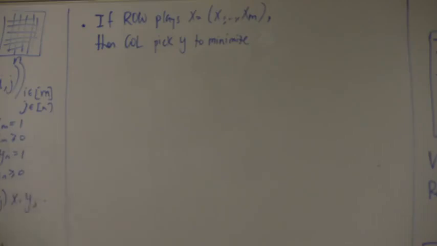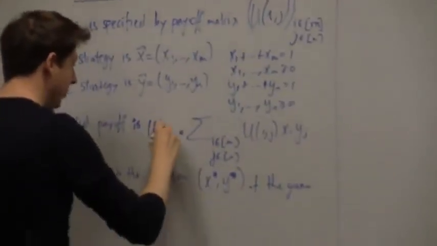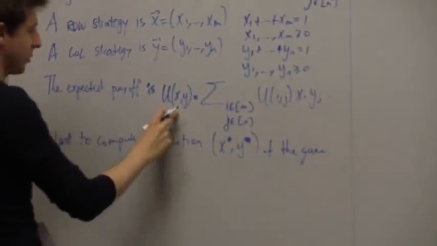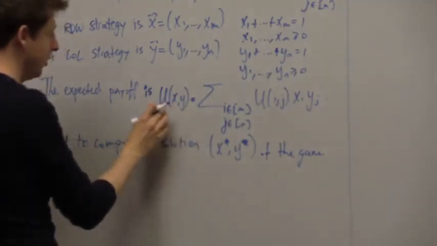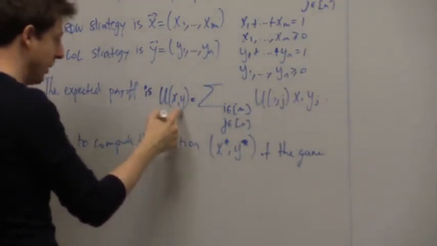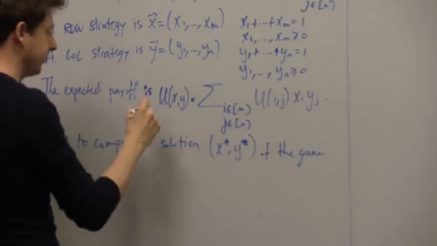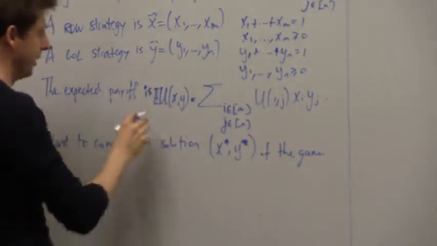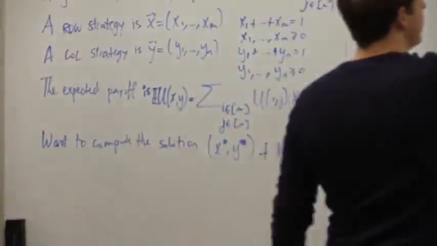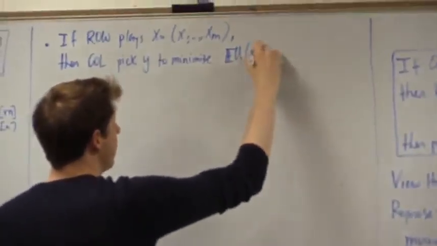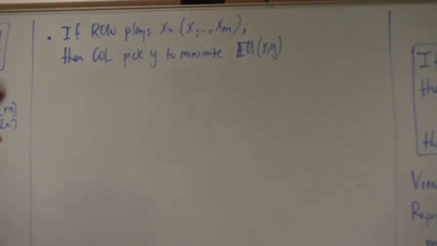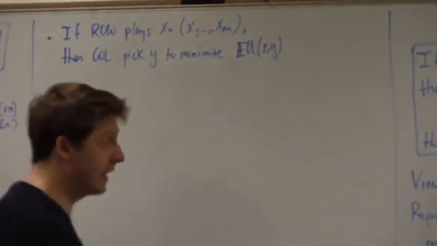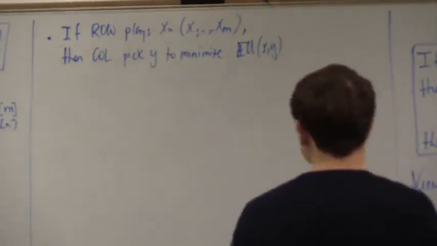I want to define here a notation that I'm going to keep using. I'm going to write u of x, y, where x and y are probability distributions. These are not i and j. These are probabilities. This is the expectation. So I'm just using this notation, expected utility of x and y. The column player will pick y to minimize the expected utility of x, y. So that's exactly what the column player should do. It should pick y to minimize this expectation. It's exactly what it was doing here.